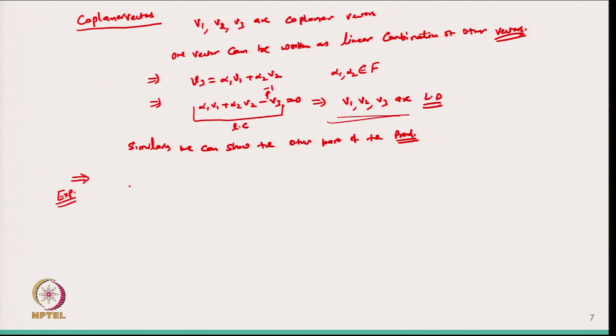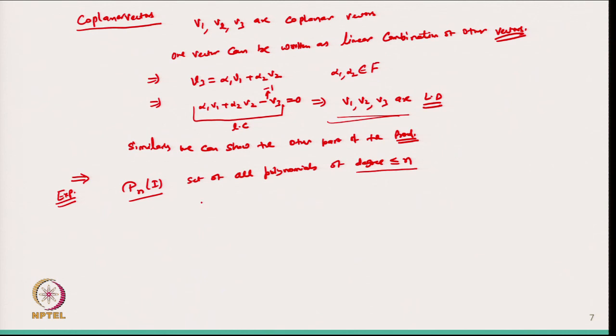Suppose I take the set of all polynomials P_n(I), which is the set of all polynomials of degree less than or equal to n. I am choosing this one, and I is some interval.